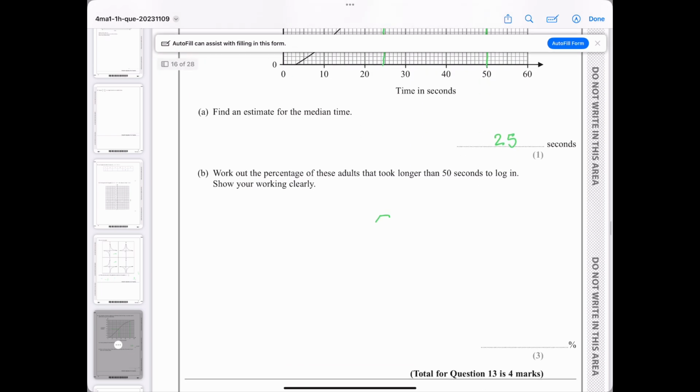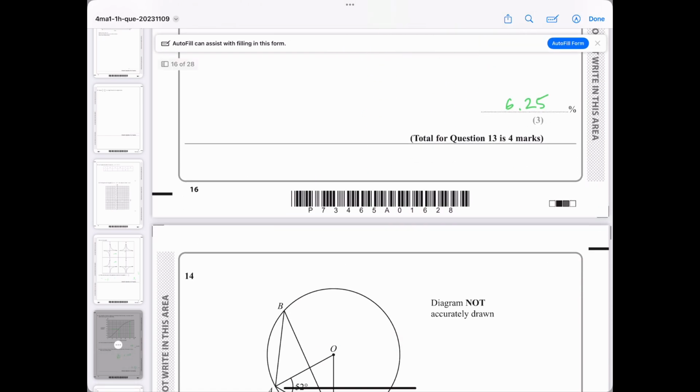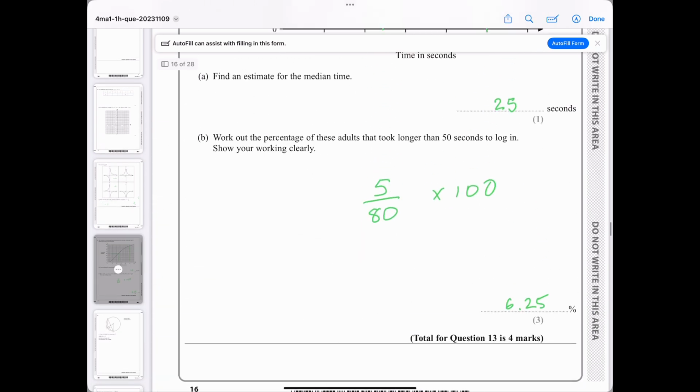So it's 5 out of 80 times 100. They take a while to log in, but even then they're not taking that long. Times 100 equals 6.25% take longer than 50 seconds, even, not minutes.